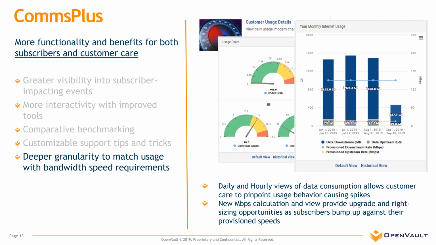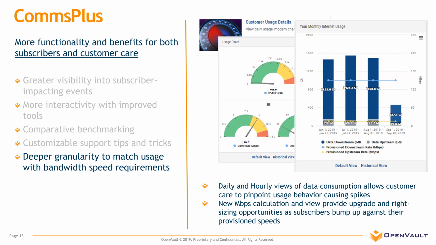It may be indicative of them having family over, or a party, and giving everybody their Wi-Fi password, and that's what caused the spike. So it allows you to pinpoint the time period that this happened, so that they can better understand the impacts of the behavior within their home environment.